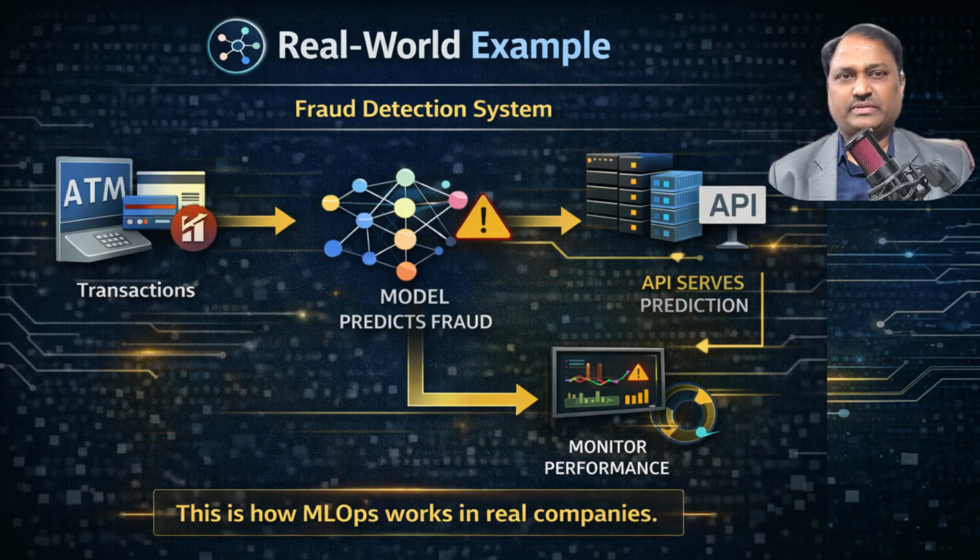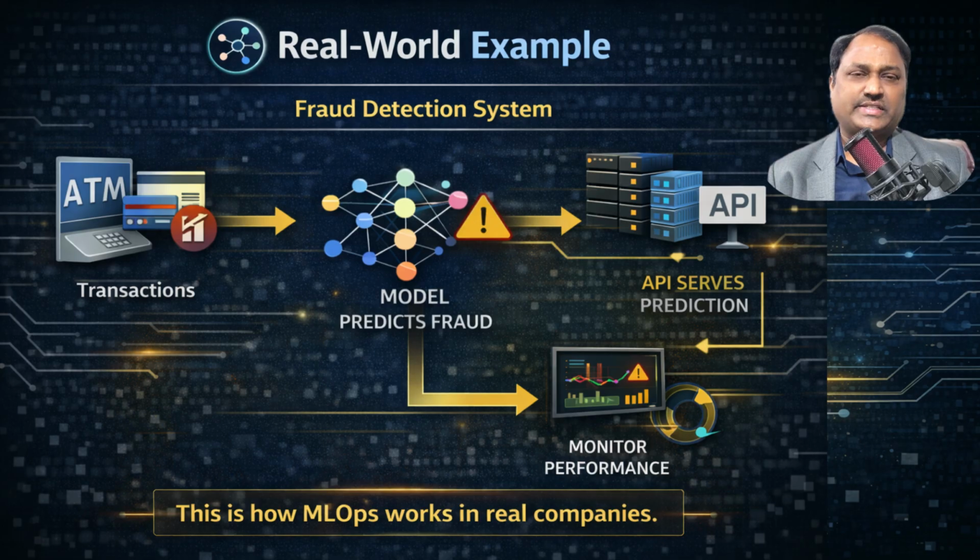A real-world example. Let's take a real-world example. Fraud detection system. In this system we can use machine learning to identify and prevent fraudulent transactions. Flow is data from transaction, collects transaction data such as payments, amounts, and user activities. Then data preparation, cleans and transforms raw transaction data for model training. Then model predicts fraud.